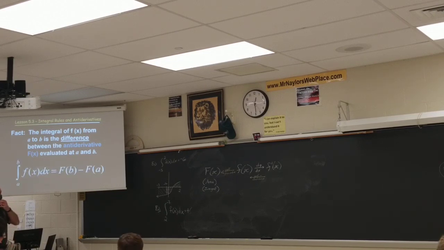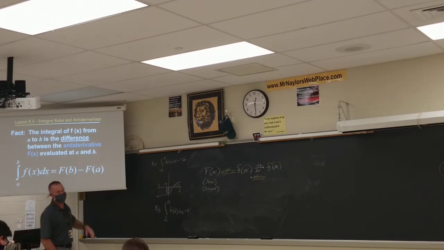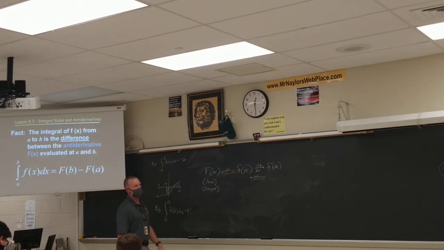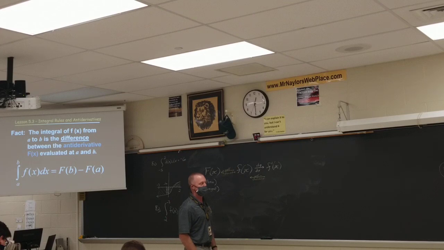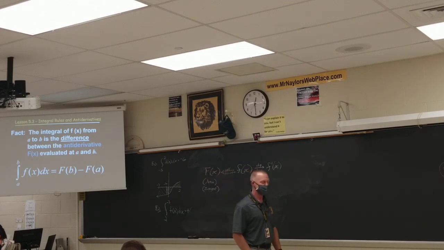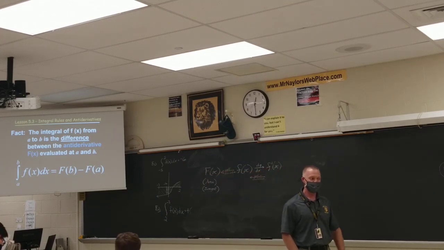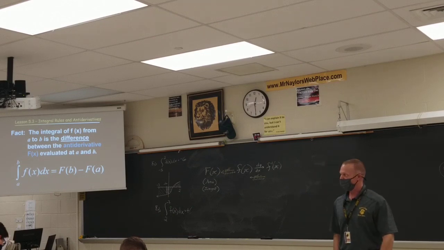Now, what's written up there in a little sentence is shown here with this notation. If you highlight things in your notes or somehow make a big deal out of them in your notes, this would be one of them.